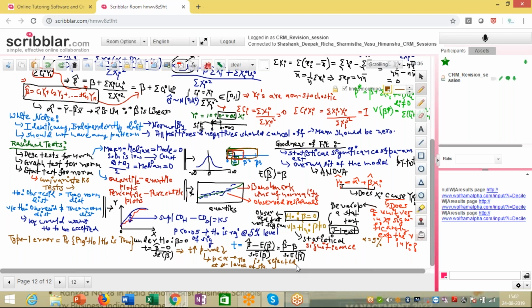So if I see that the p-value that I have computed is less than alpha, less than 0.05, I'll reject the null hypothesis. So in SAS, when we run the PROC REG statement, this table of variables along with their statistics and their computed p-values is generated. And all you need to do is check whether it is less than your level of significance or not, and take your decision on which variable you are going to enter and which one you are not going to keep. So all these outputs are generated as a part of the SAS procedure.